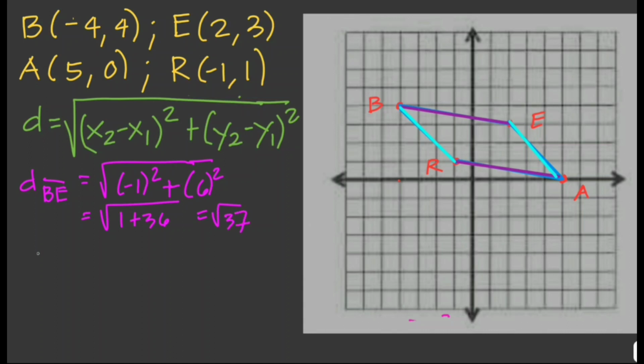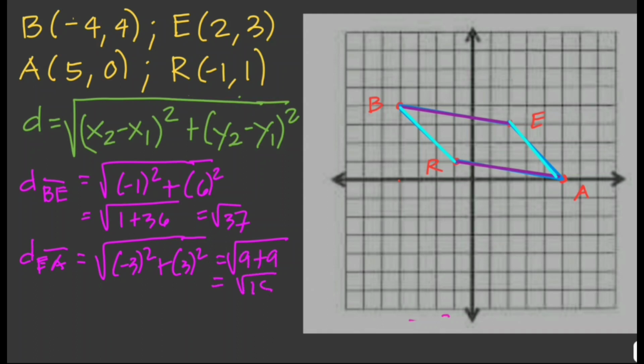which is equivalent to the square root of 37. And then the distance from point E to A, right, so this is the square root of 0 minus 3, which is negative 3 squared, plus 5 minus 2, which is 3 squared. So this is just the square root of 9 plus 9, or square root of 18.